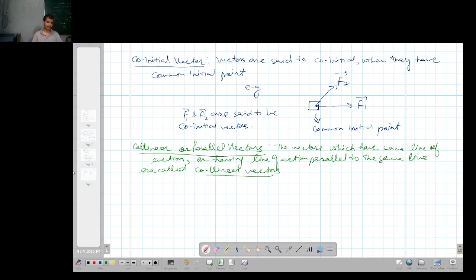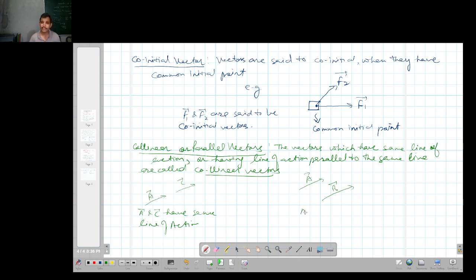Let us understand it by taking an example. Suppose I am having a vector A, and say there is another vector C, and both are acting along this direction. That means A and C have the same line of action. Or say I am having a vector acting along this way, and say there is another vector, and these two vectors are parallel.